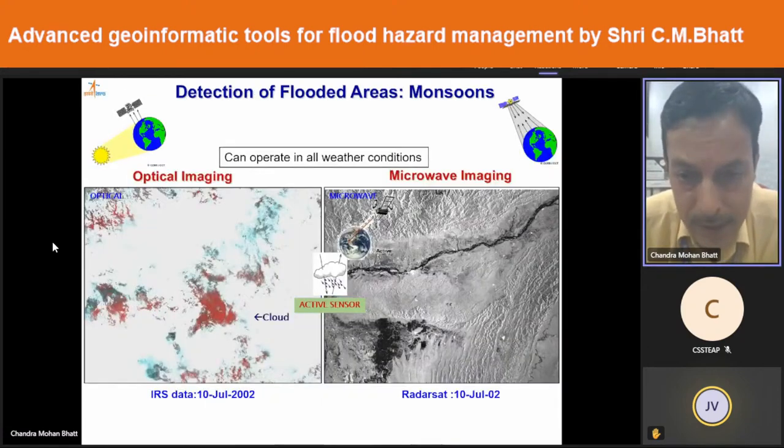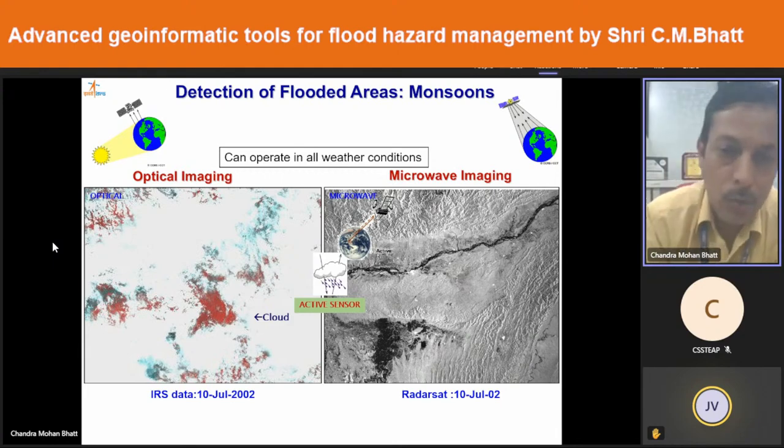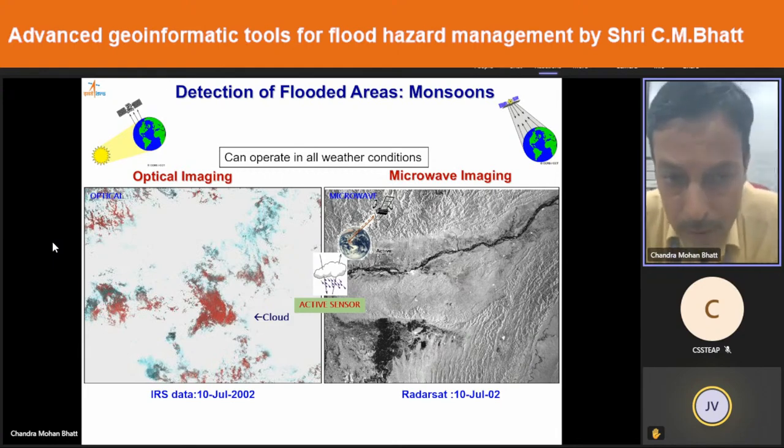Earlier I was telling that we can do the mapping in all weather conditions. What is meant by this is that we have two types of imaging. One is optical imaging, which uses the optical wavelength. The other is microwave imaging, which uses microwave wavelengths.